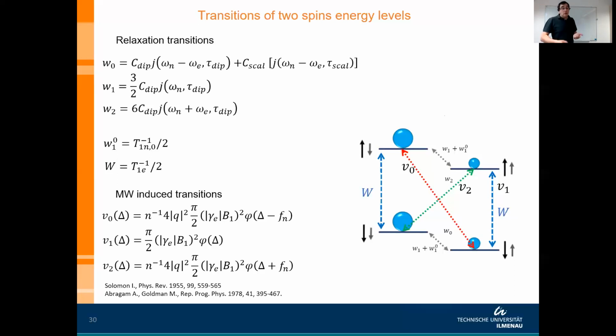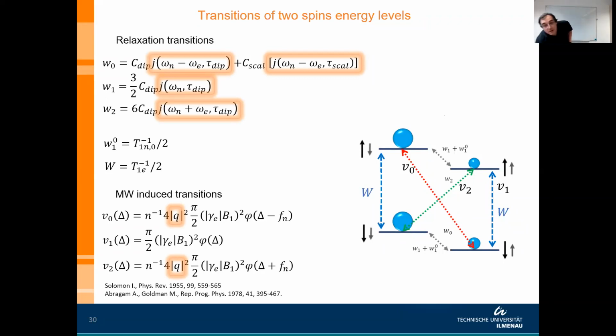You see that 0 and 2 contain this mixing factor, the factor Q, right? And this factor Q is the one that is related with the solid effect. Basically, if you have solid effect, these transitions will be allowed, and then we will have a certain effect.